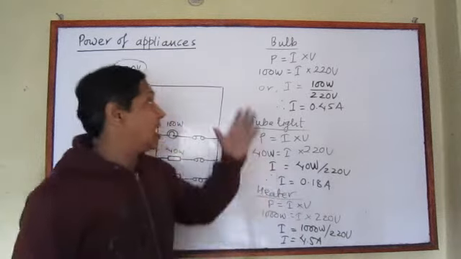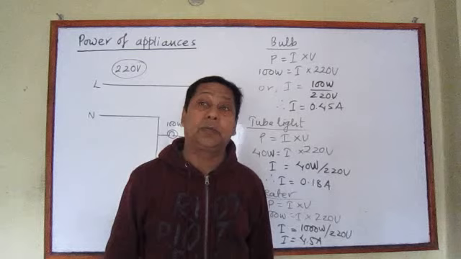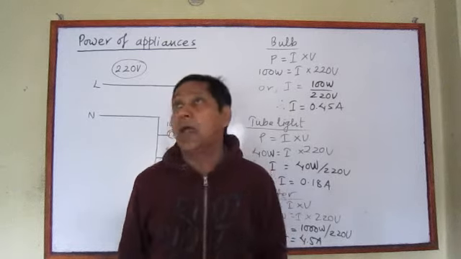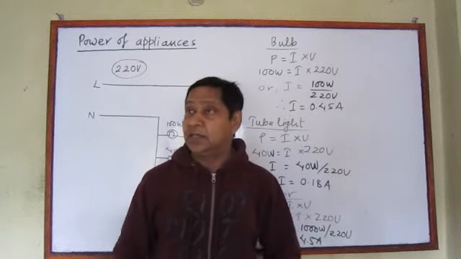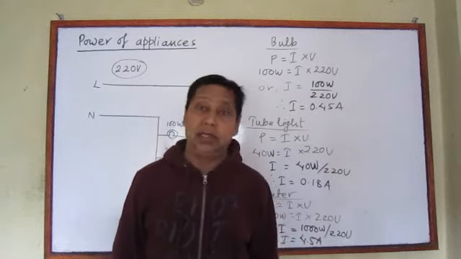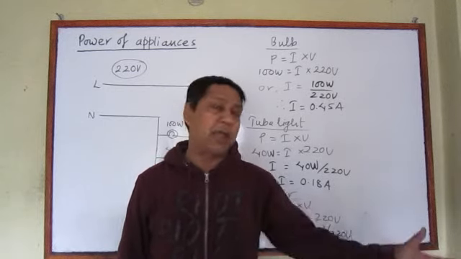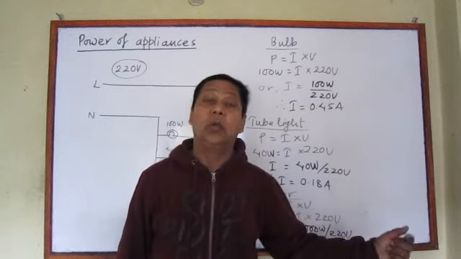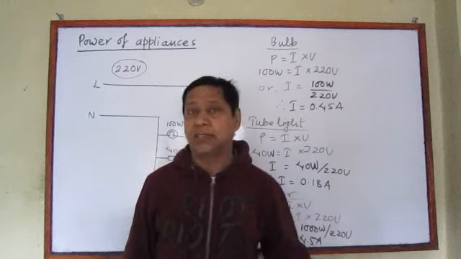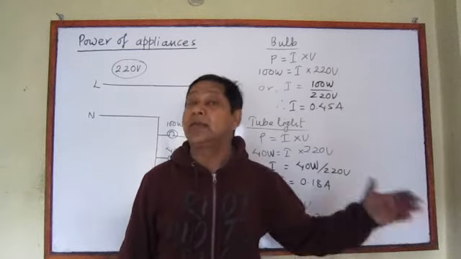This way we have to be clear about the concept of current. Every appliance requires a definite amount of current to run in a household circuit. It depends upon power. A high power appliance requires more current, low power appliances require less current, but the voltage supply is constant.